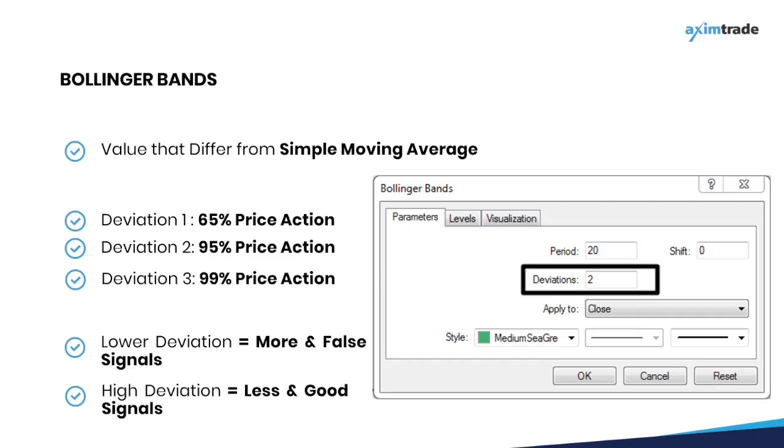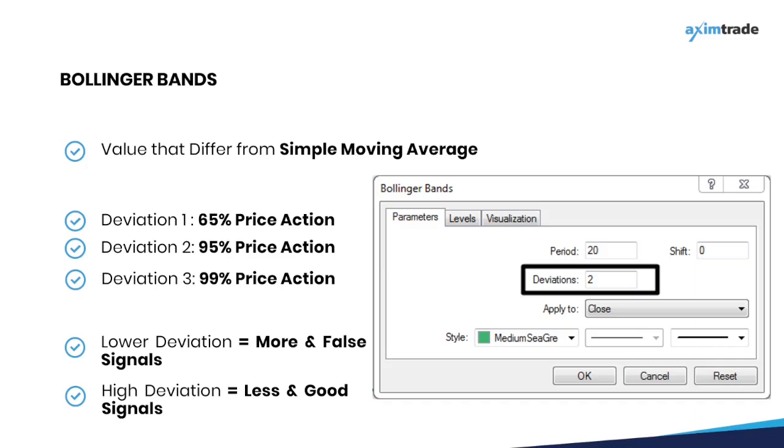You can change the standard deviation value if you want to backtest the Bollinger Bands and fiddle with the inputs. Lowering the standard deviation will result in the price leaving the bands more frequently, potentially creating a lot of noise.